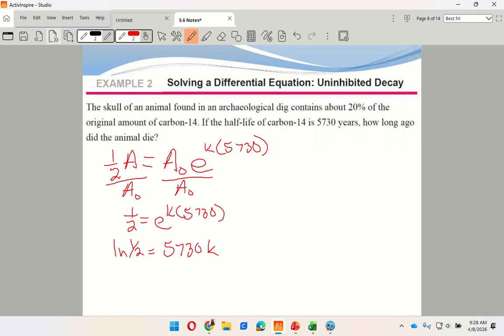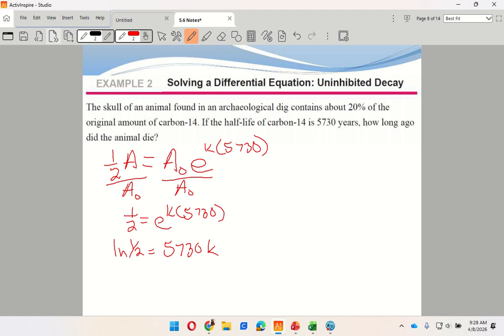Now, we can rewrite ln 1/2. That's going to help us out here. What can I rewrite that as? Ln. Perfect. Because it is a fraction, right?